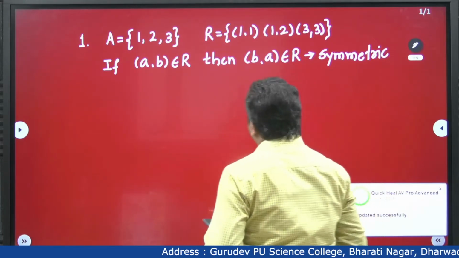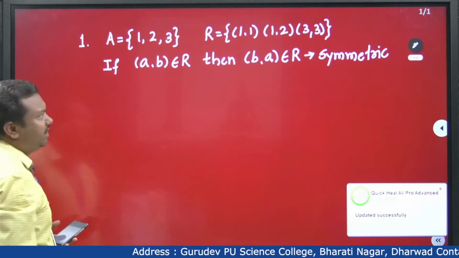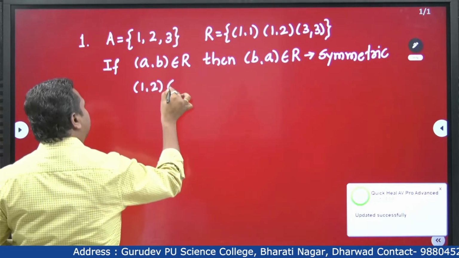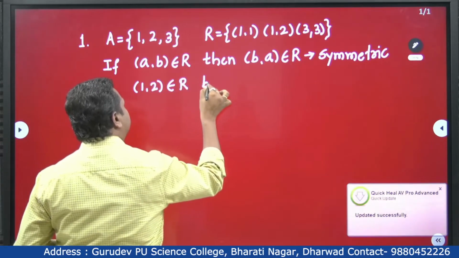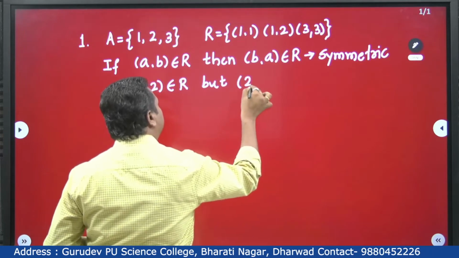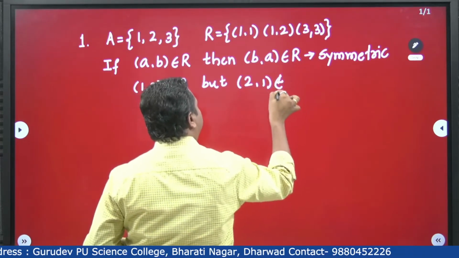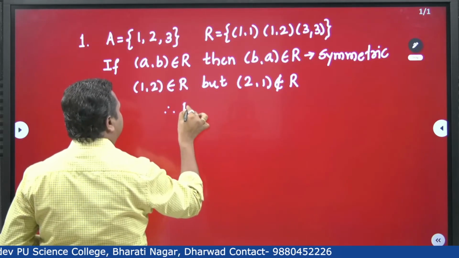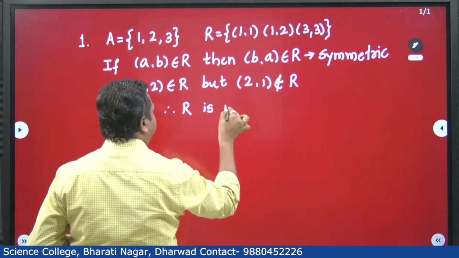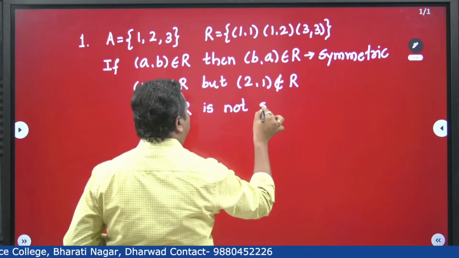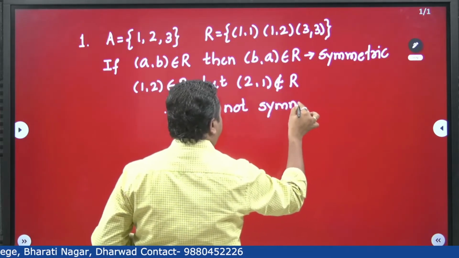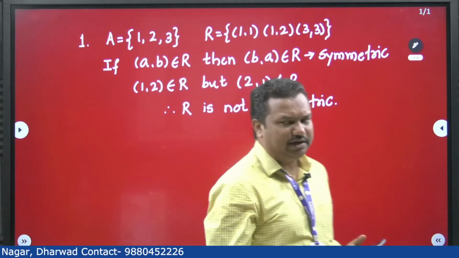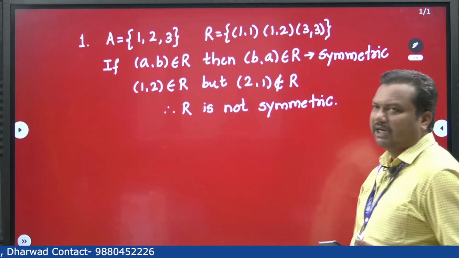But if you observe this particular case, in the defined relation, here (1, 2) belongs to R, but (2, 1) does not belong to R. Hence R is not symmetric. It will be easy to understand why it is not a symmetric relation.